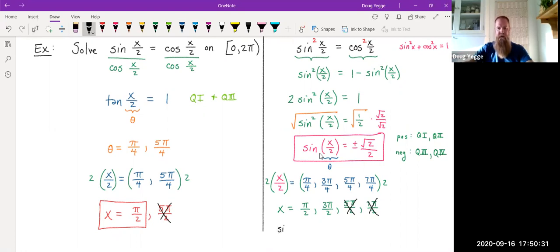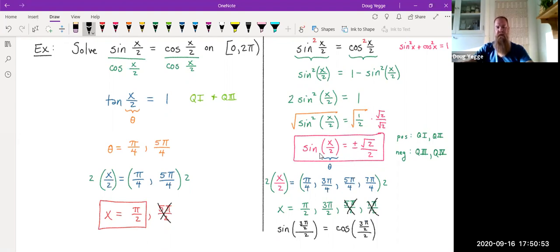We get sine of x over 2, where x is 3 pi over 2, and apparently that's supposed to be equal to cosine of x over 2, which is again 3 pi over 2 over 2.